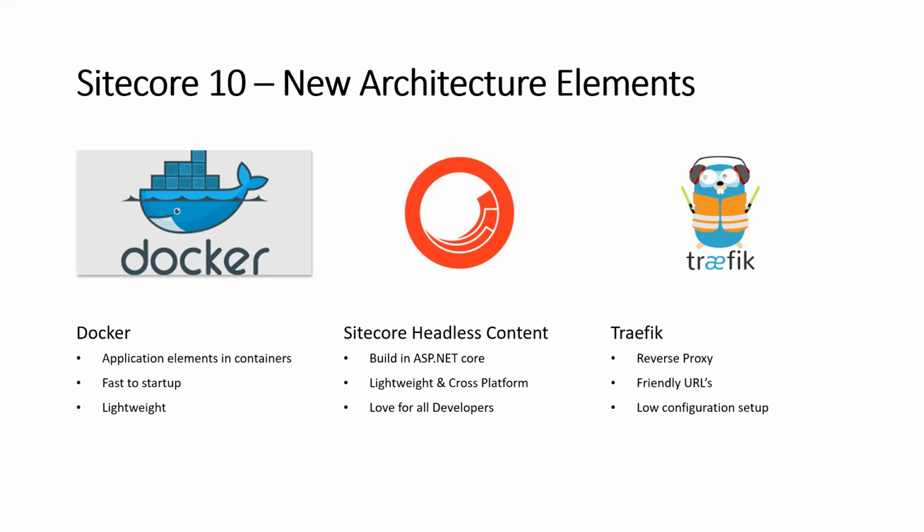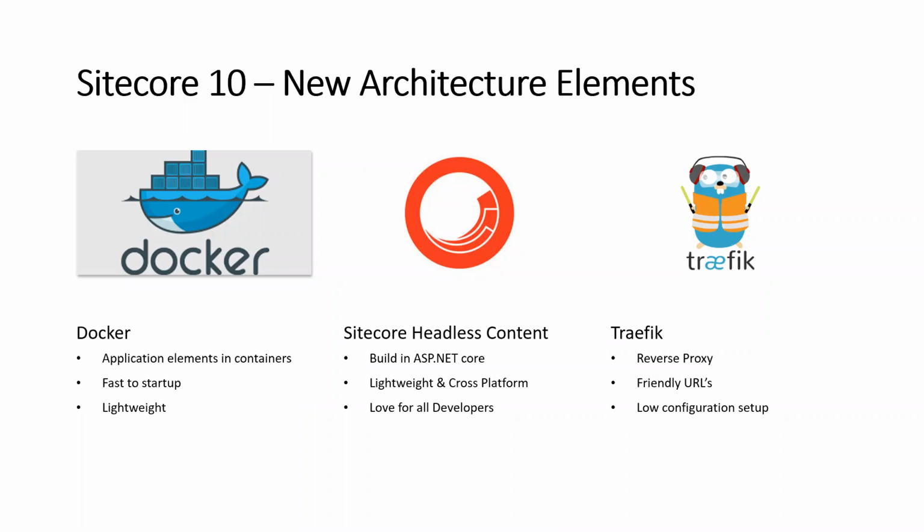The second core focus is Sitecore headless content. The JSS framework is already there. It's a client-side framework, but as we know, with ASP.NET Core the trends are going toward faster, cross-platform development.